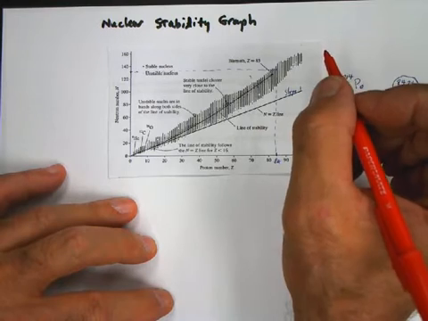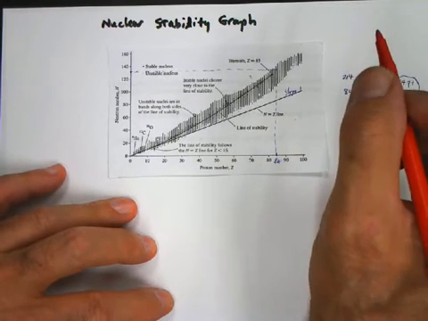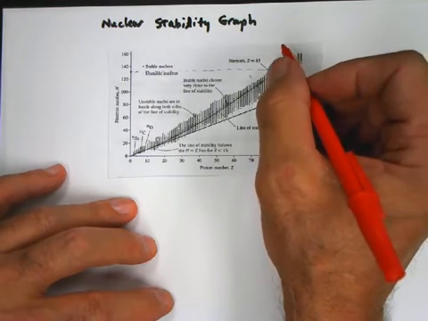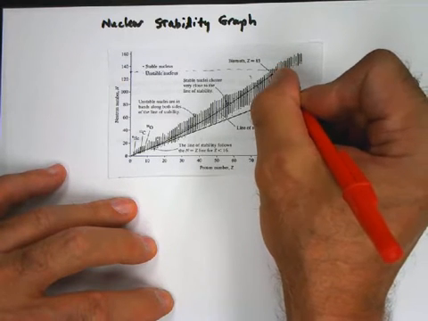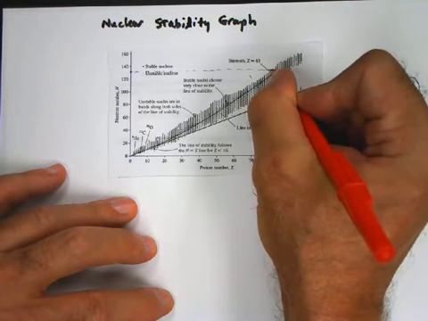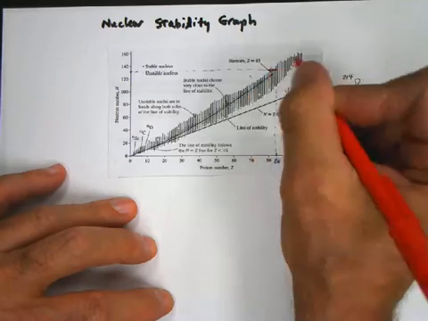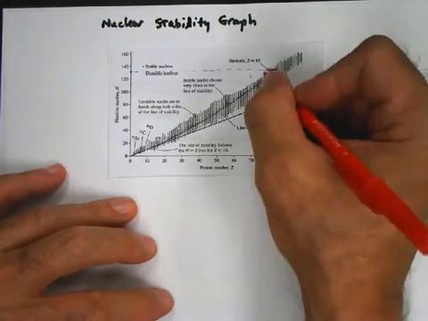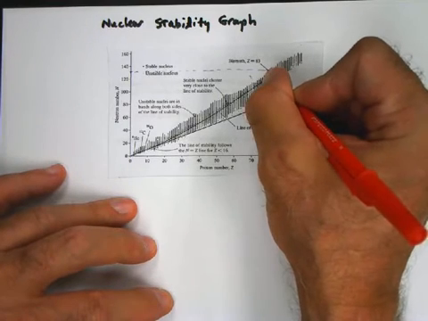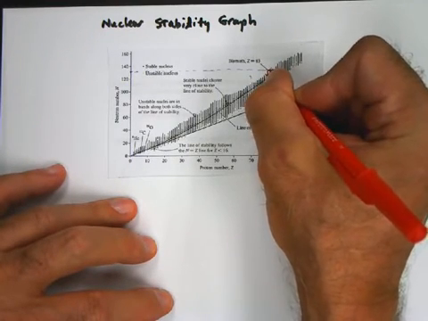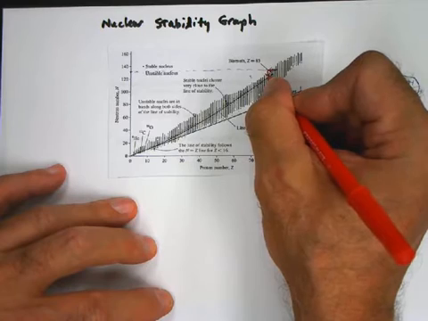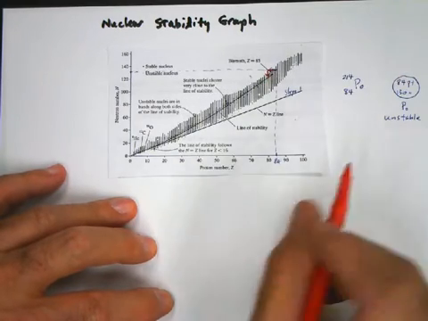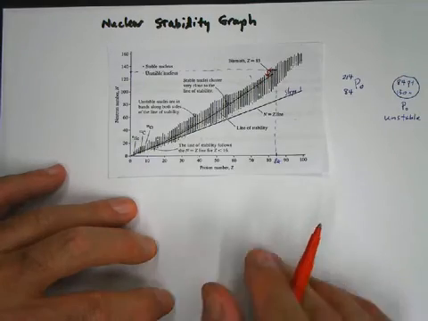Well, it could give up a couple of protons. If it could reduce the number of protons, so if we go to the left, that's reducing the number of protons, and reduce the number of neutrons, then at least its daughter nuclei would be close to this stability band, huh? So that's what polonium tends to do.